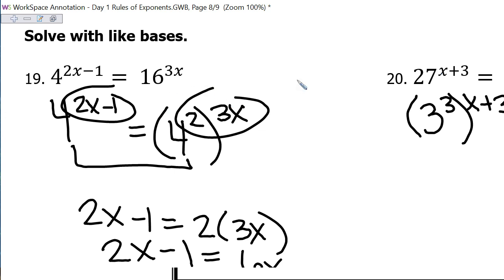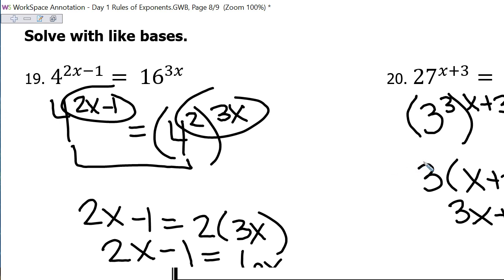The exponents were equal, so that means 3 times x plus 3 needs to be set equal to 2 times x minus 6. If it's power to a power, they need to be multiplied. And when I distribute the 3, what do I get? 3x plus 9. And when I distribute the 2, what do I get? 2x minus 12.